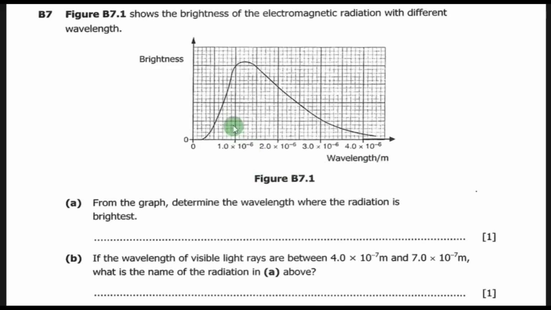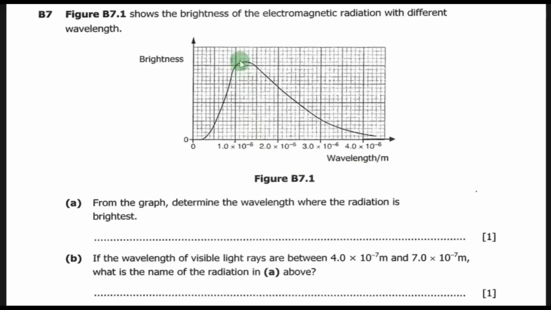Then there's this line, which is 2.0 times 10 to the power negative 6 meters. Then this line, which is 3.0 times 10 to the power negative 6 meters. Then this line, at 4.0 times 10 to the power negative 6 meters.